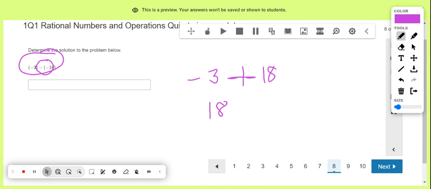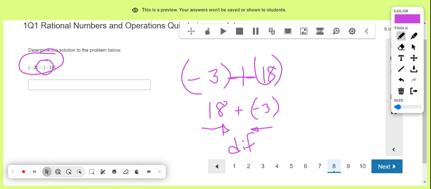So another way to write this is 18 plus negative 3. So we have 18 plus negative 3 or negative 3 plus 18. 18 is going positive. Negative 3 is going negative. You need to find the difference.